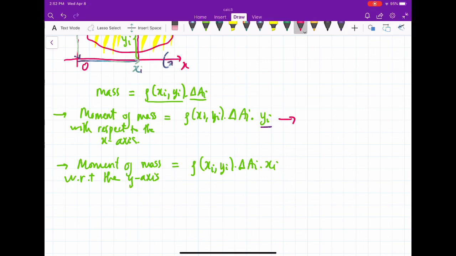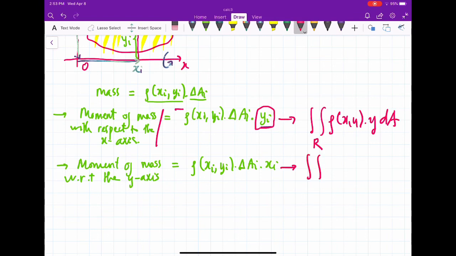The moment of mass of the whole thing is equal to the double integral on R of rho xy, and since here you have yi, you multiply with the y right here, and then dA. Similarly, you have the moment of mass with respect to the y-axis equal to the double integral of rho of xy, here you have x, and then dA. So that is the only difference.